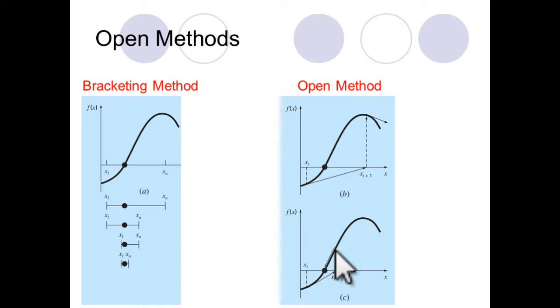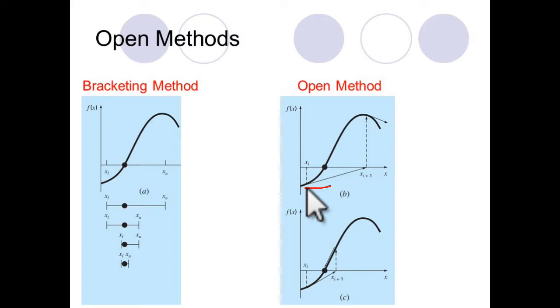If you know the function, you can calculate the slope of the function at that point by calculating the derivative of it, and then you draw a straight line because you know the slope of the line and you know the point, and you try to reach the root by successive iterations. In fact, it may have some drawbacks, as you see here.